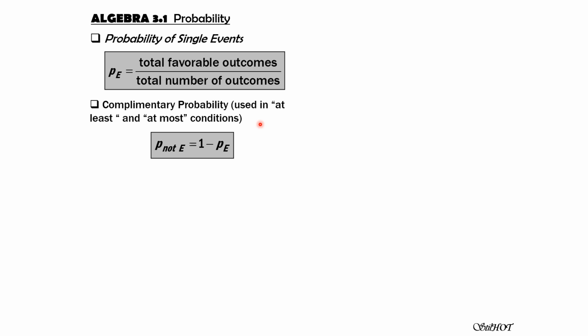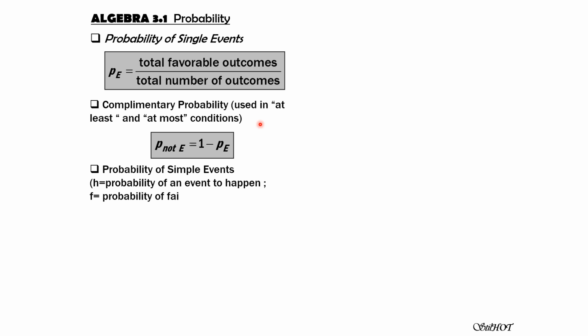Then another expression for probability of simple events. Here, H is the probability that event E will happen, and F is the probability of failure.